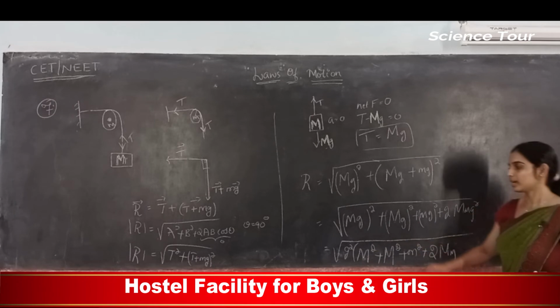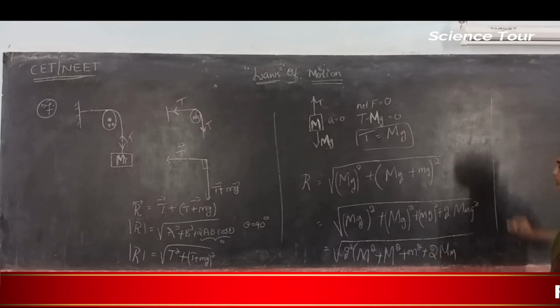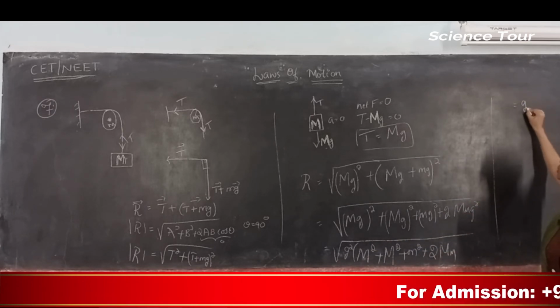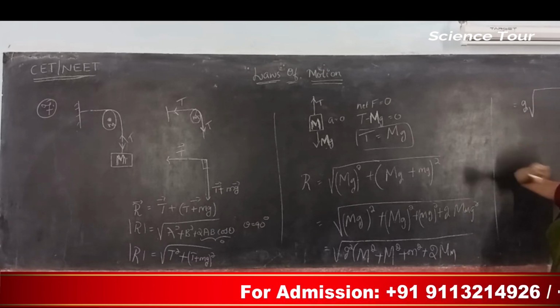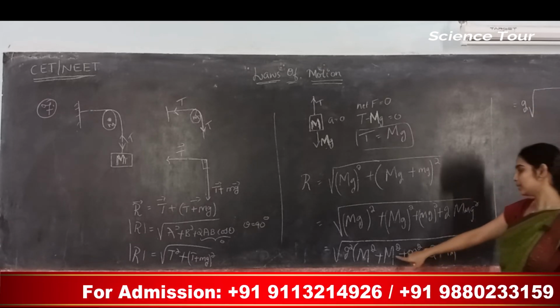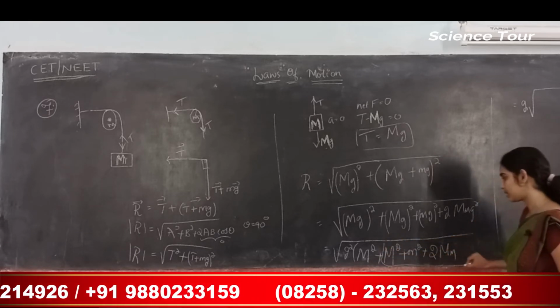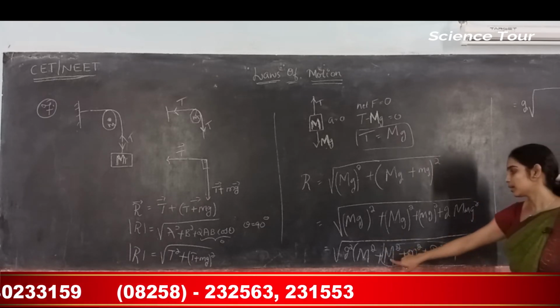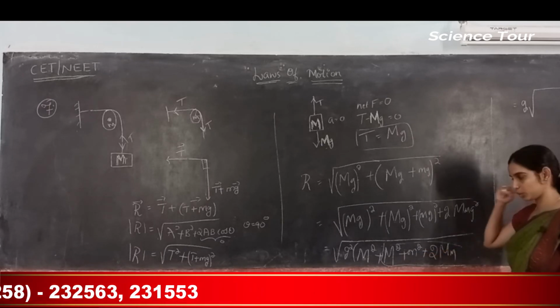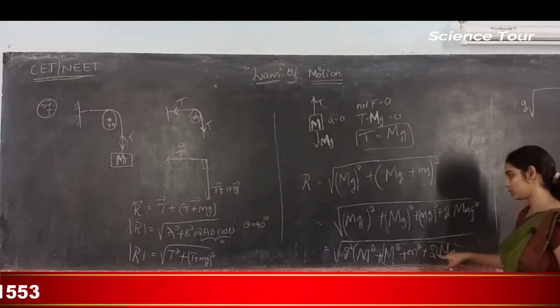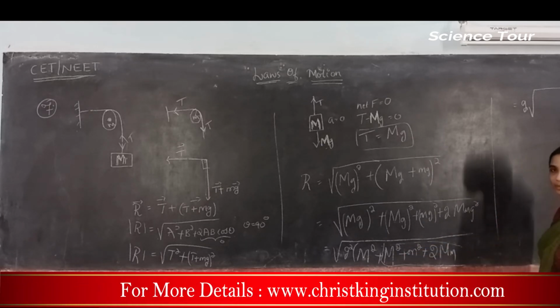So g square, you can take it out of the square root symbol. So when it comes out, it becomes g, and see M square plus m square plus 2Mm. If you look at this part, it is in the form of a plus b whole square.